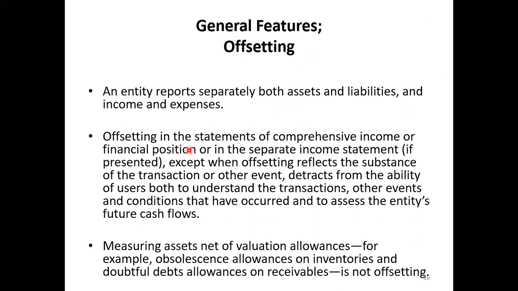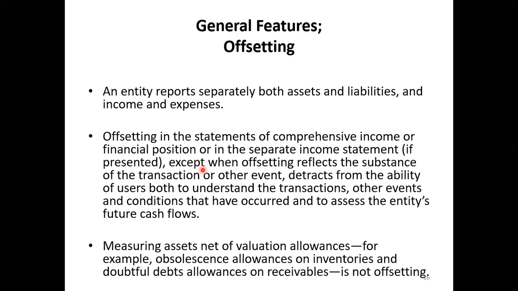Offsetting in the statement of comprehensive income or financial position, or in the separate income statement if presented, is not allowed, except when offsetting reflects the substance of the transaction or other event. Otherwise it would detract from the ability of users both to understand the transactions, other events and conditions that have occurred, and to assess the entity's future cash flows.